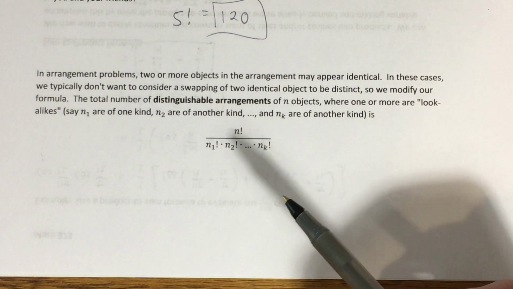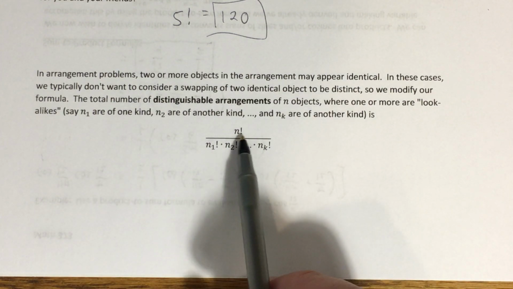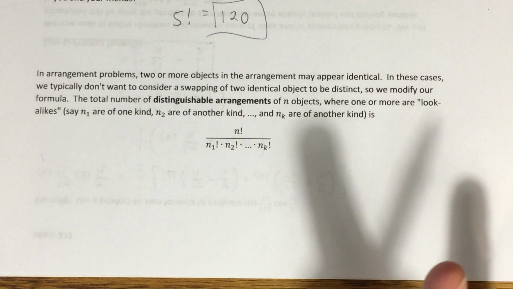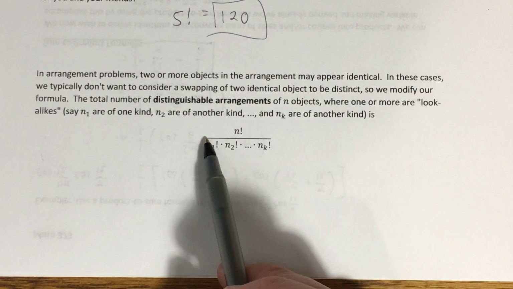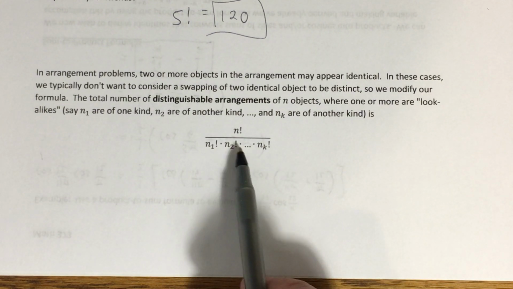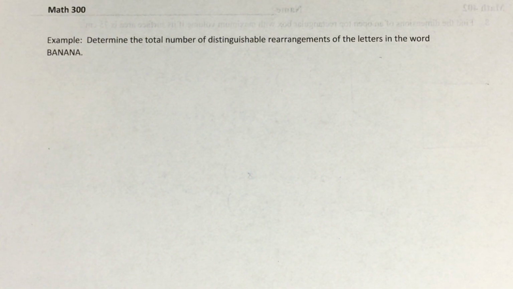The formula for determining the total number of distinguishable arrangements is n factorial, which is the total number of arrangements, period, whether or not they look the same, divided by the product of n1 factorial times n2 factorial times all of those other factorials. That one is tricky to wrap your mind around until you see an example, and that's how we're going to wrap up this section.